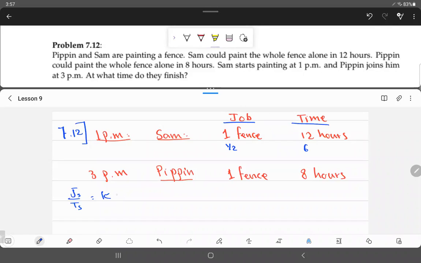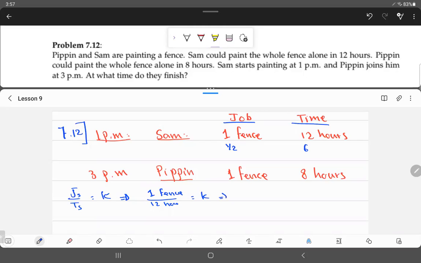For example, for one fence, 12 hours is the job, K. K is the rate, actually. Do you agree? K plays the role of the rate here. The rate: he can do one fence in 12 hours. This is a fixed relation, right?